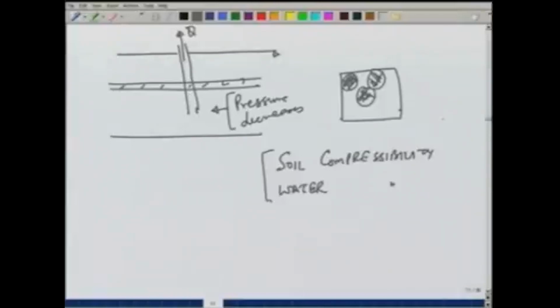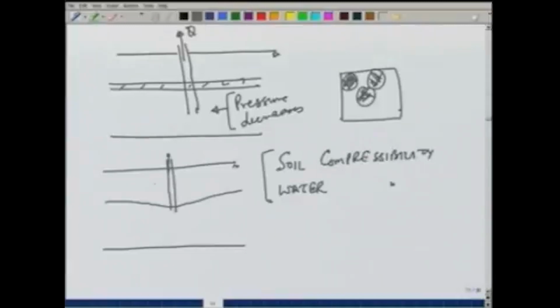And therefore, when we write the continuity equation for the confined aquifer case, the compressibility of soil and water have to be taken into account. For the unconfined case, since it is atmospheric pressure, and water can be treated as incompressible under atmospheric or small pressure conditions, compressibility of water and soil does not enter the picture.